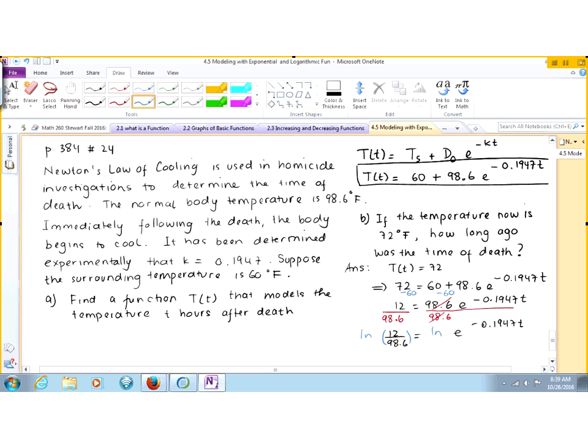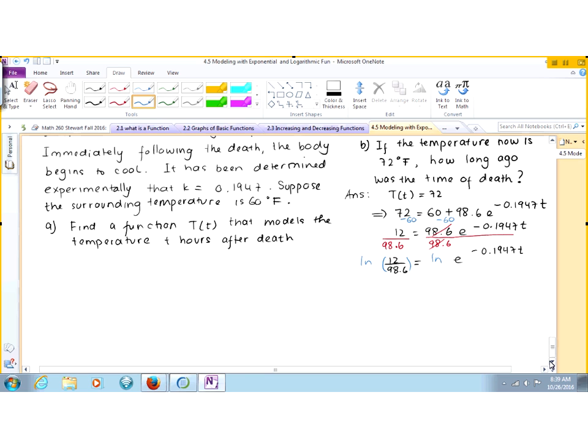Then we take ln on both sides. ln of 12 over 98.6 is equal to negative 0.1947 t ln e, and ln e is 1. So divide both sides by negative 0.1947. What is t approximately?